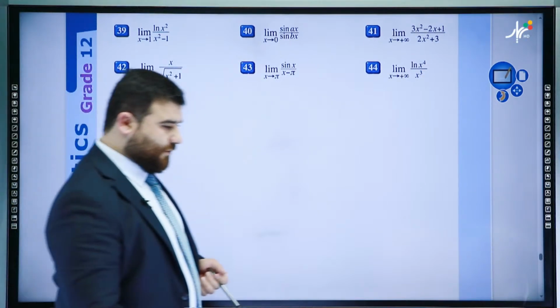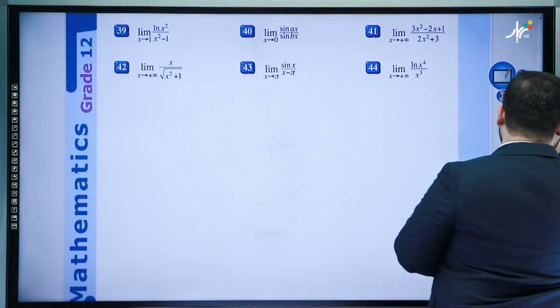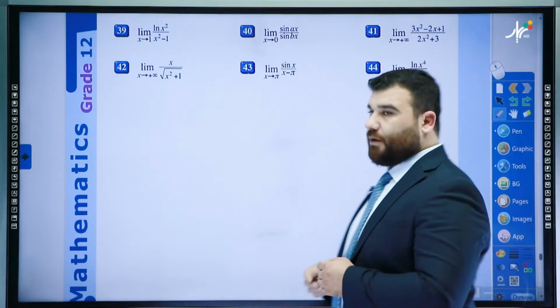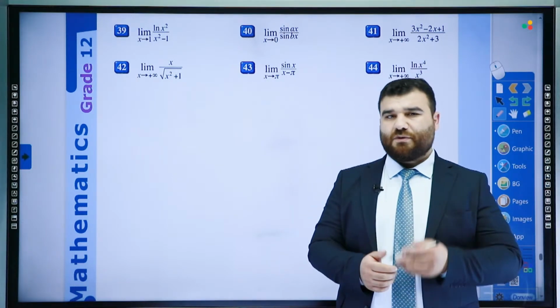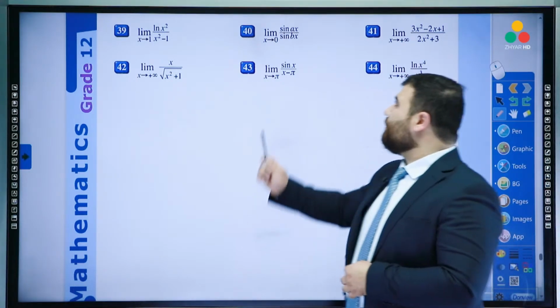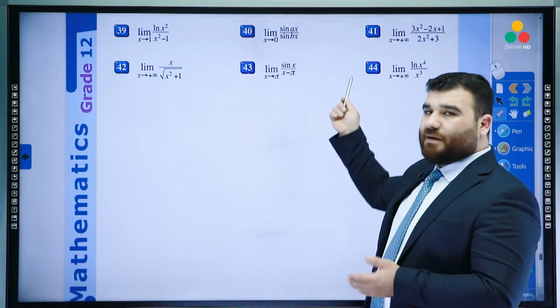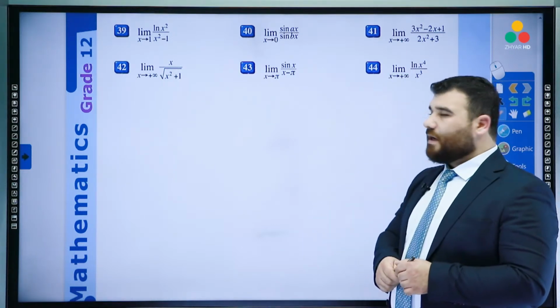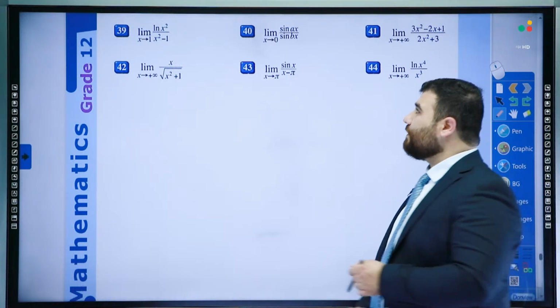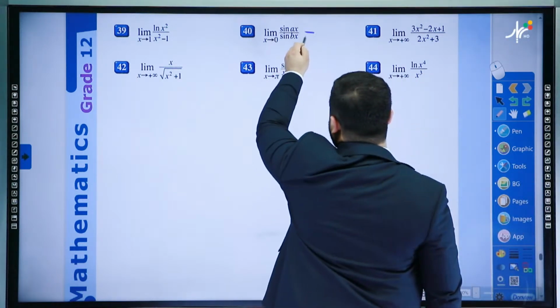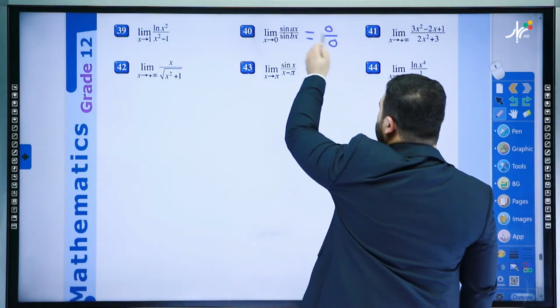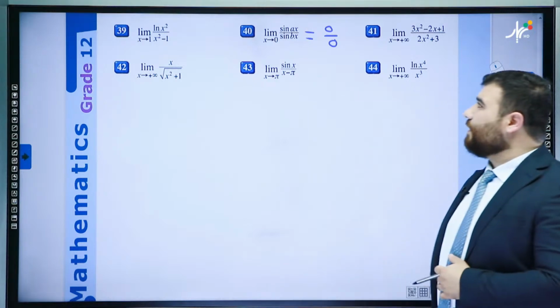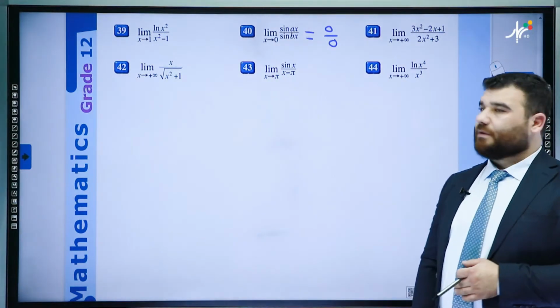If I directly put 0 in place of x in question 40, this will be sine 0. A times 0 is 0. Sine 0 over sine 0. And sine 0 is 0, so this will be 0 over 0. Since it becomes 0 over 0, I should use L'Hopital.